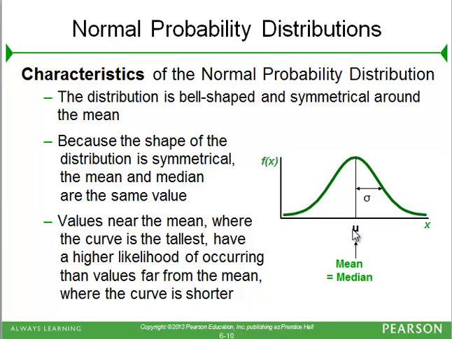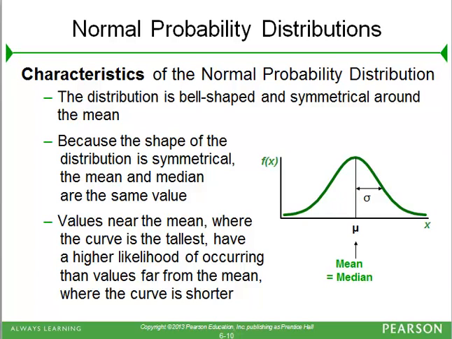They are the same value and in the middle. Values near the mean, where the curve is tallest, have a higher likelihood of occurring than values far from the mean. It means the probability is higher that the value is going to fall into that range.